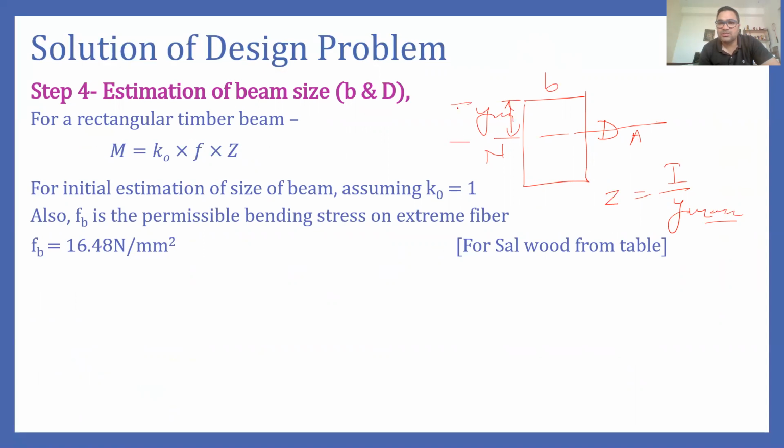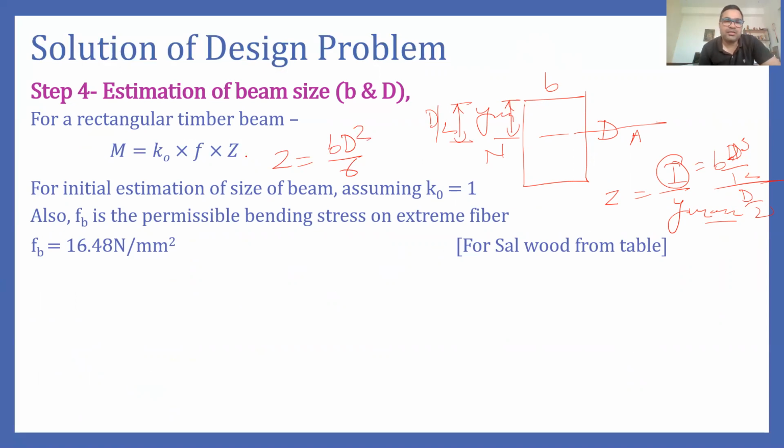So this distance will be D by 2, and the I value is BD cube by 12 upon Y max, which is D by 2. Solving this, we get Z as BD square by 6.